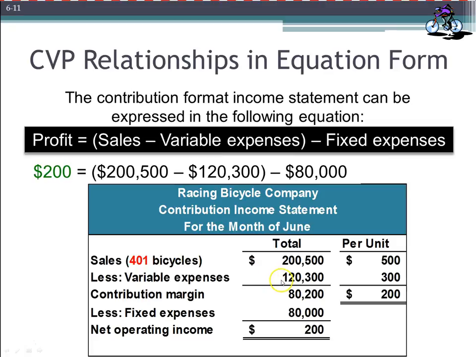Sales minus variable expenses minus fixed expenses gives us that net operating income, or what we commonly refer to as profit. And we'll use those terms interchangeably in this chapter and the next. Remember, we're talking about how managers talk and people internal to companies that are trying to increase profits. If we plug in those same numbers that we have down here, you get the exact same result.